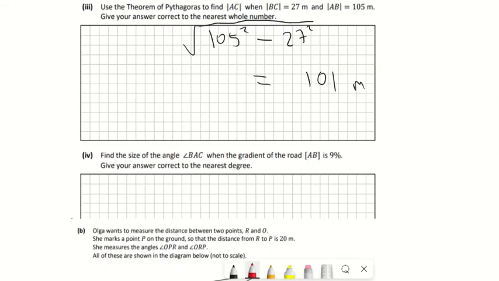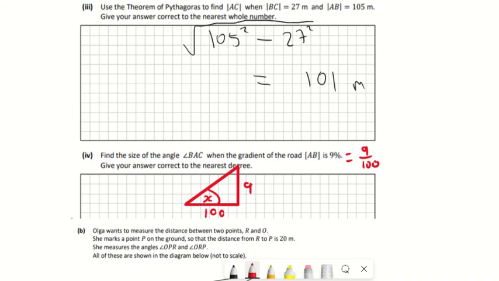If I draw a little diagram down here, we're working out this angle now. It says that the gradient is 9%, and 9% as a fraction is 9 over 100. So we could say that this is 9 and this is 100, because it's the rise over the run, or it's the gradient like we've been doing so far.